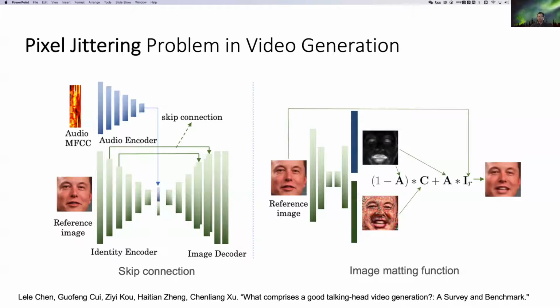So basically the reference image is the IR, right? For example, if the A is large, it means that in this place you don't need to change anything. You can just copy the pixels from the reference image.